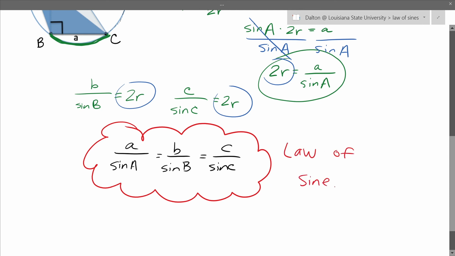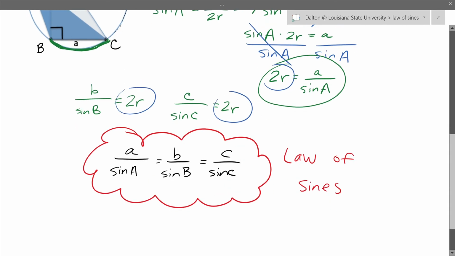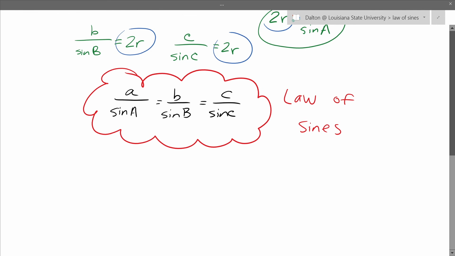The law of sines. Particularly, we're going to use the law of sines to solve for sides and angle measures in triangles. Now, from geometry, you might recall congruence theorems that we used to prove that triangles were congruent. Particularly, one was called ASA and the other was called AAS.